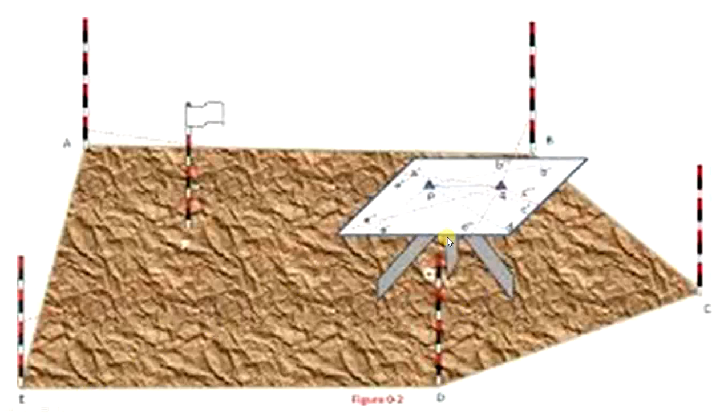Next we shift the table to the Q station. Then we sight QA, QB, QC, QD, and QE and intersect with each other. Then we get the actual values of AB, BC, CD, DE and EA.